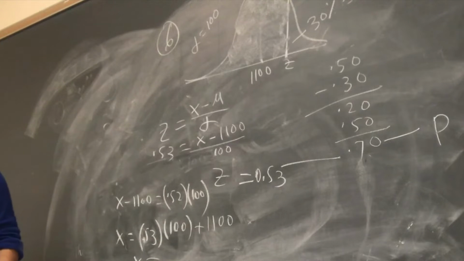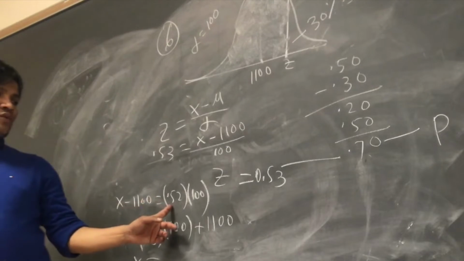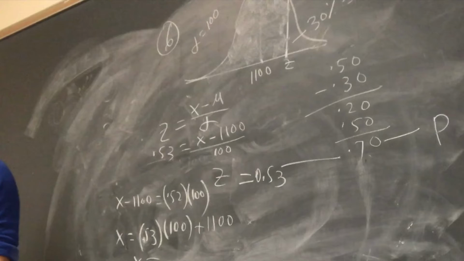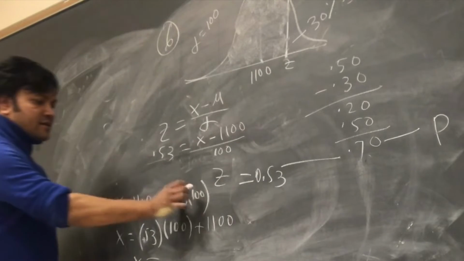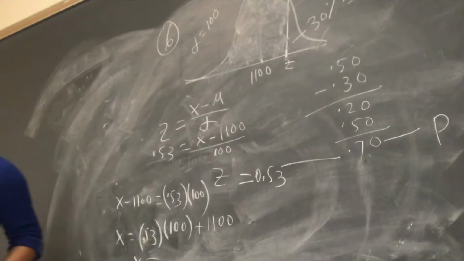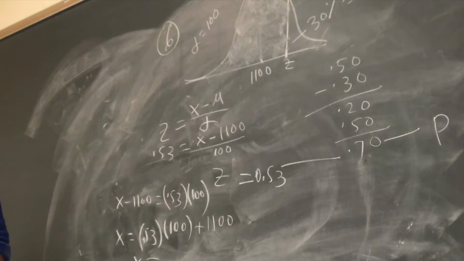You move the decimal to the right two places when you multiply by 100. So that's 53, and x is 1153.